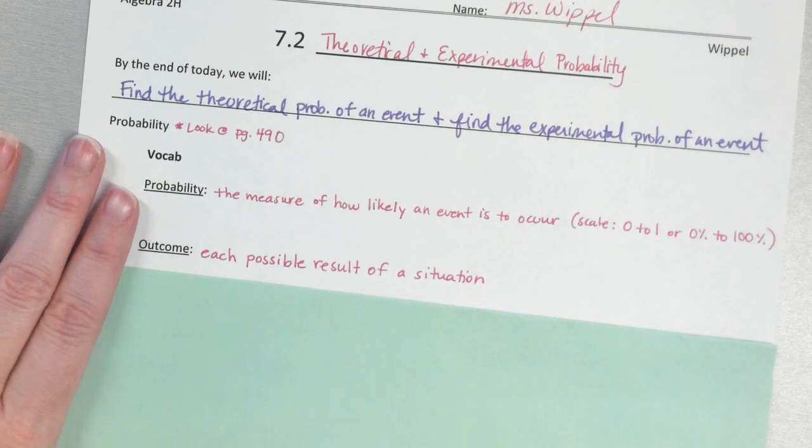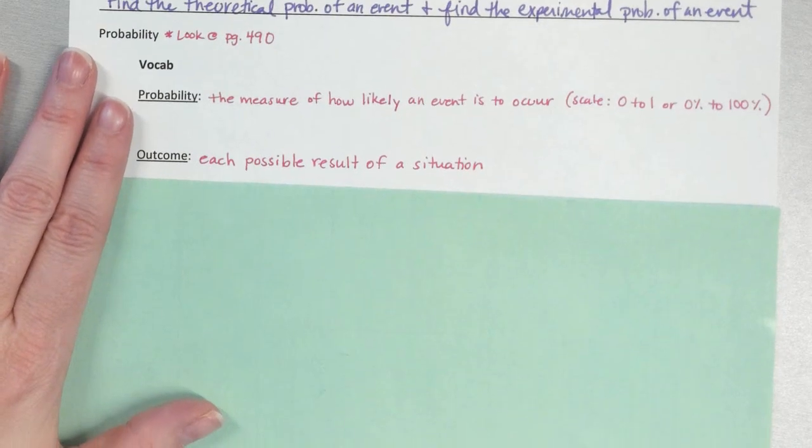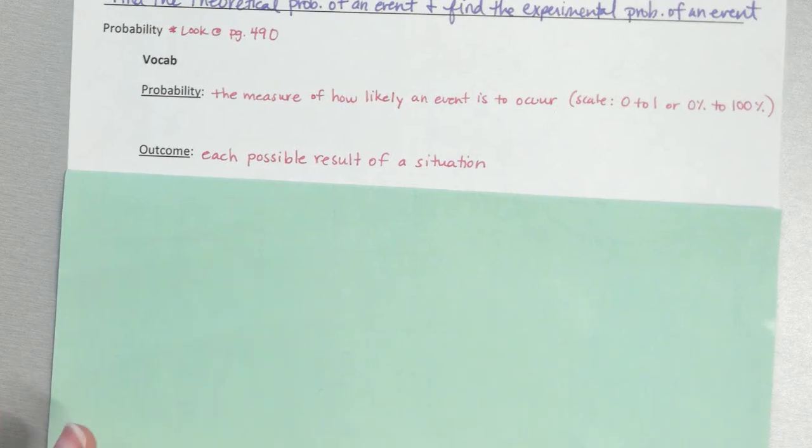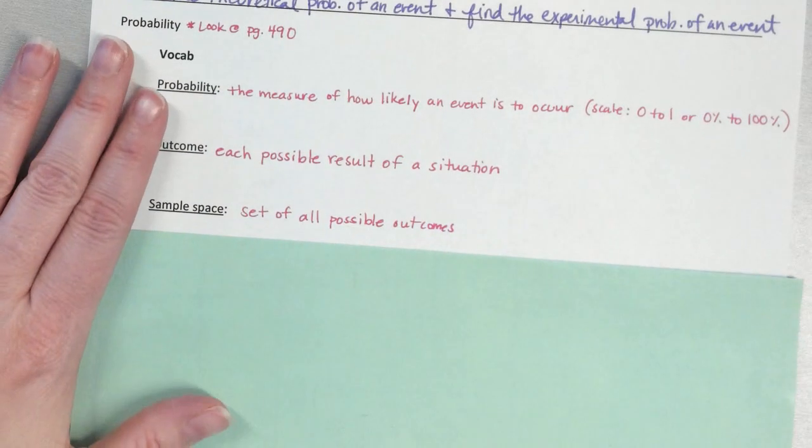And then here are some other key terms that you will notice. The next one is outcome. That is the possible results of a situation. Okay, then we have what is called the sample space.